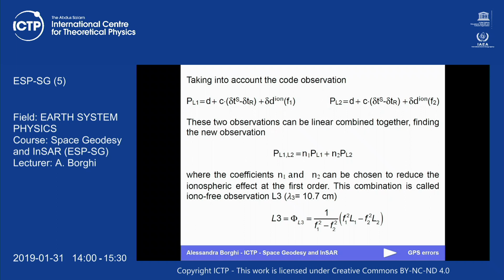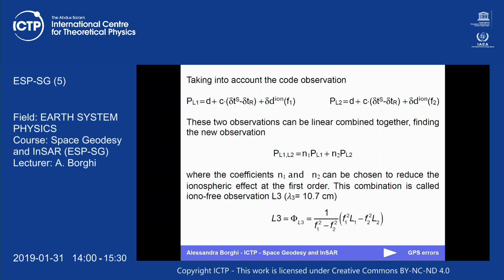I am underlining often the first order. Why? Because we have seen that during very high solar activity, this approximation is not sufficient.